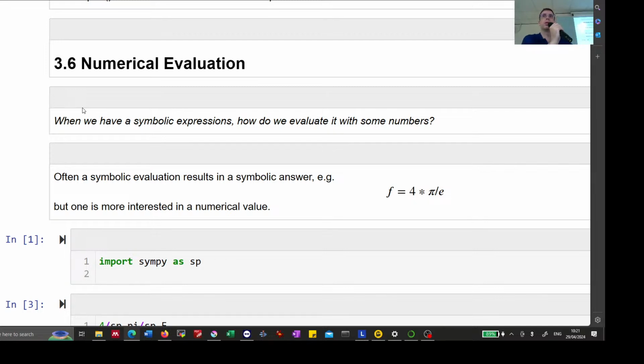So we have already seen some SymPy functions can work with numbers. But there's more to it. For example, we have a very, very complicated formula, and at the end, we want to have a result in form of what is the number actually behind this.